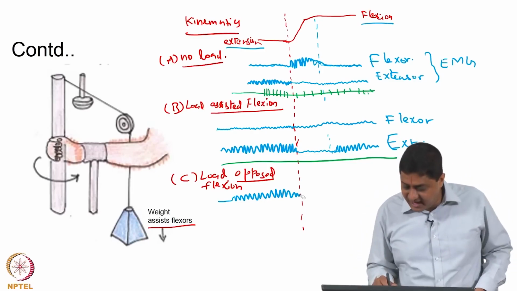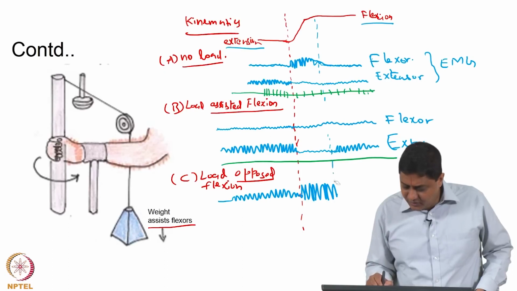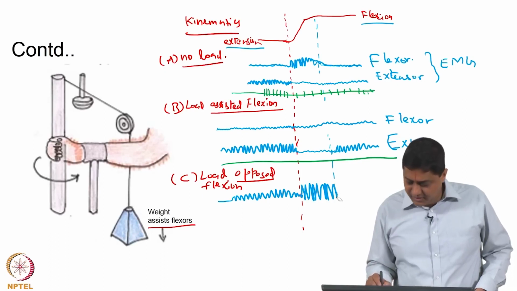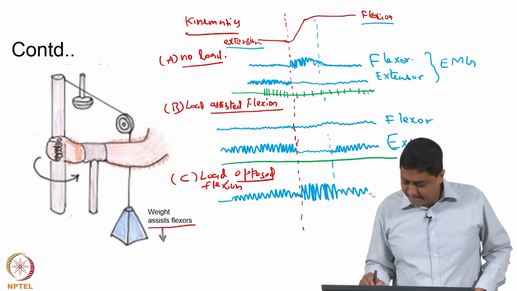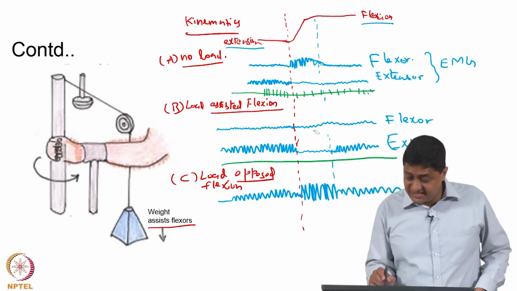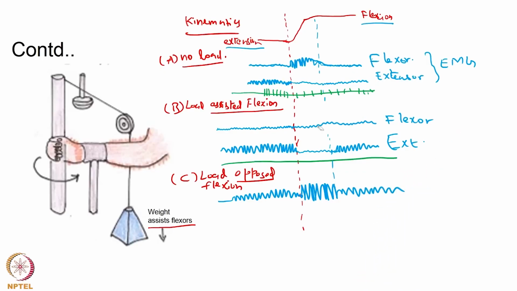So the activity goes up, the amplitude actually goes up and then reduces to a smaller level, very different from the baseline case, right. This is for the flexors, and for the extensors it was nearly baseline. This is for the extensors.